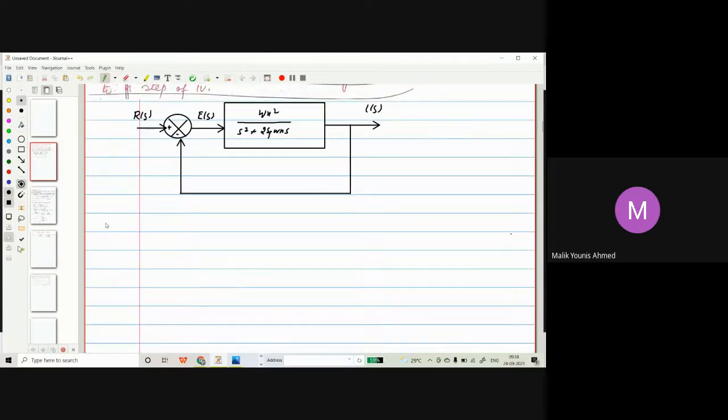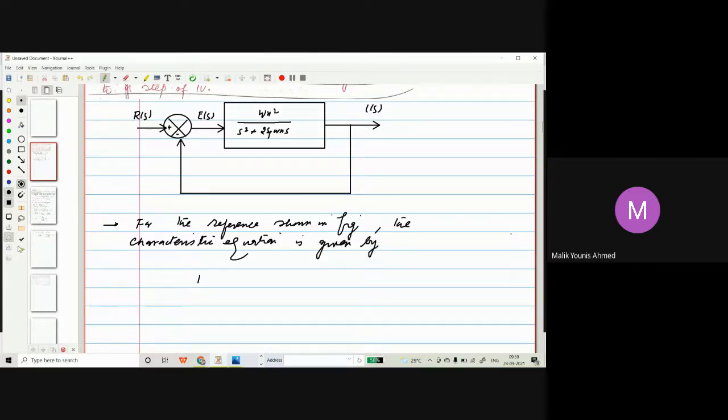Now, in order to solve this question, for the reference which is shown in the figure, the characteristic equation will be given by 1 plus omega n square divided by s square plus 2 xi omega n s, and that should be equal to 0.